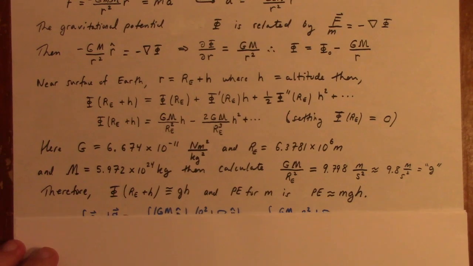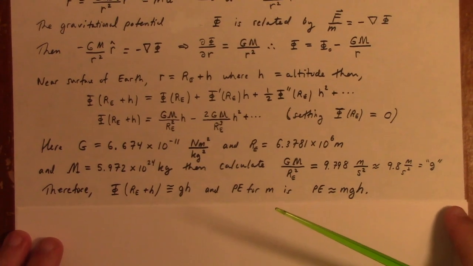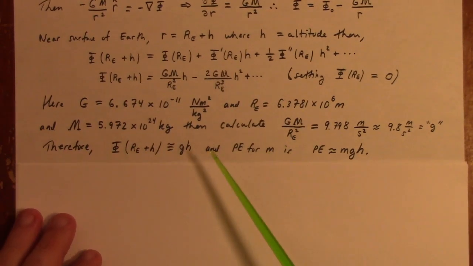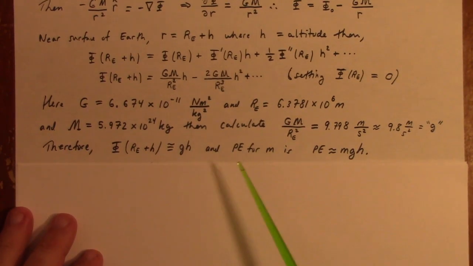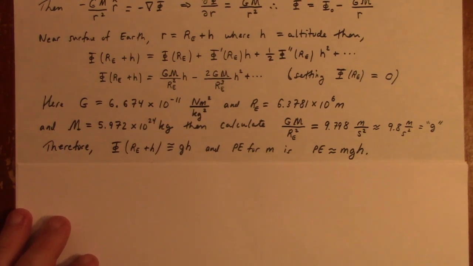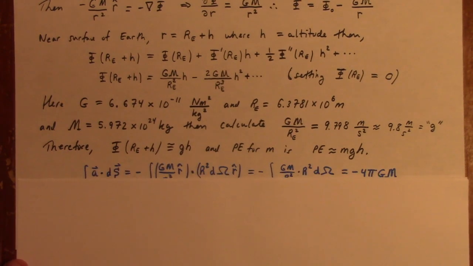And so what we have then is that the potential of Newtonian gravity is about gh, where that g is 9.8 and h is the altitude, right? And so potential energy, on the other hand, is mgh. All right, I think I've said that enough.